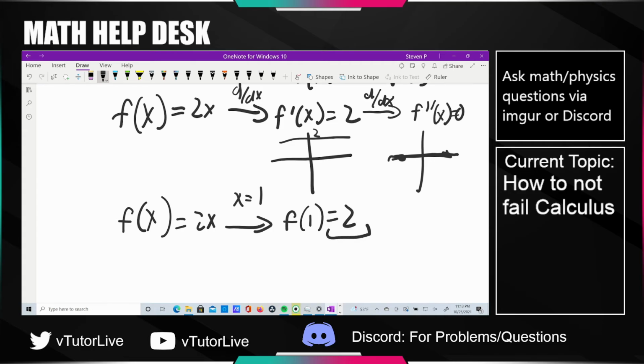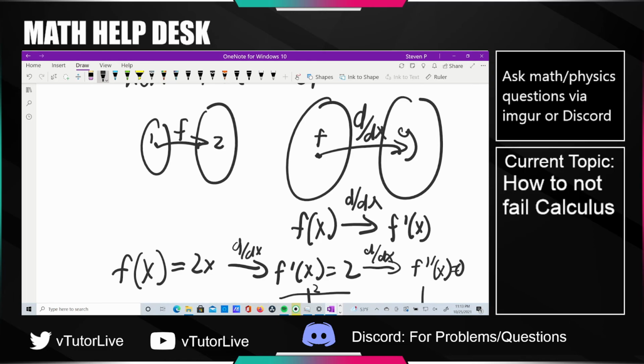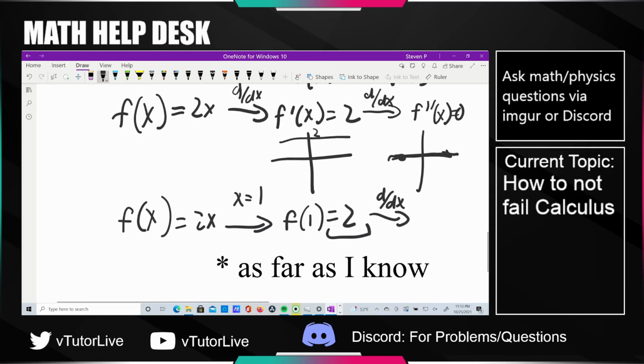Now this 2 is not a function, it's a straight up number. And it's totally nonsensical to try to apply an operator, which is supposed to be something that acts on a function to spit out another function. Operators do not act on numbers. So this process would be nonsense.